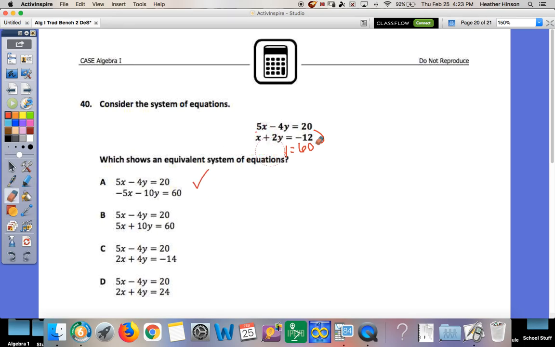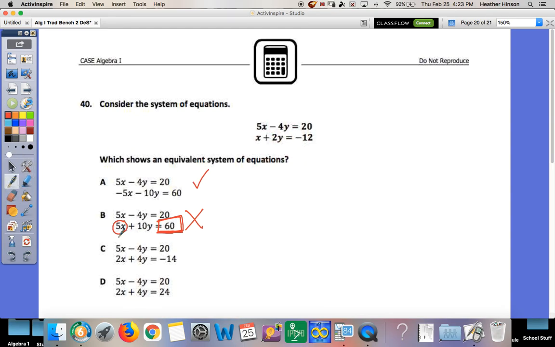Let's double check it though. What did they do on the second one? They changed it to 5x, which means they multiplied by 5. So 5 times x is 5x, then 10y, and a -60. Did they do that one correctly? No, because they got +60, which is wrong. It's supposed to be negative.